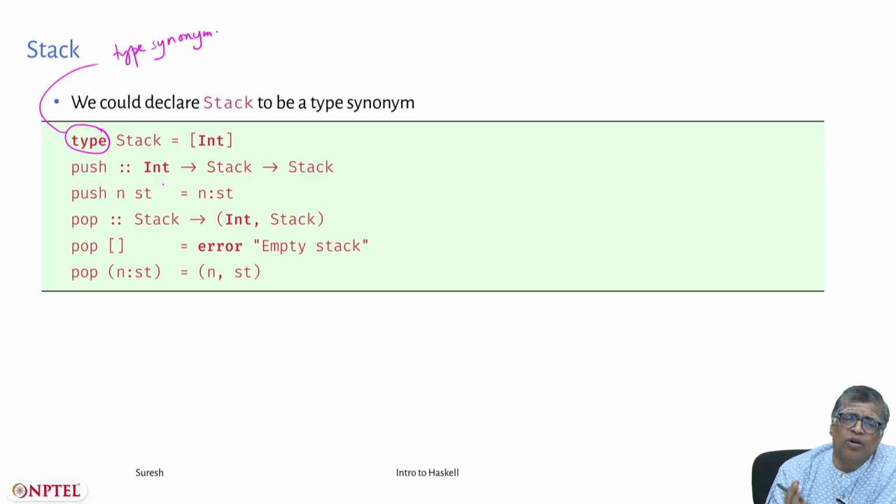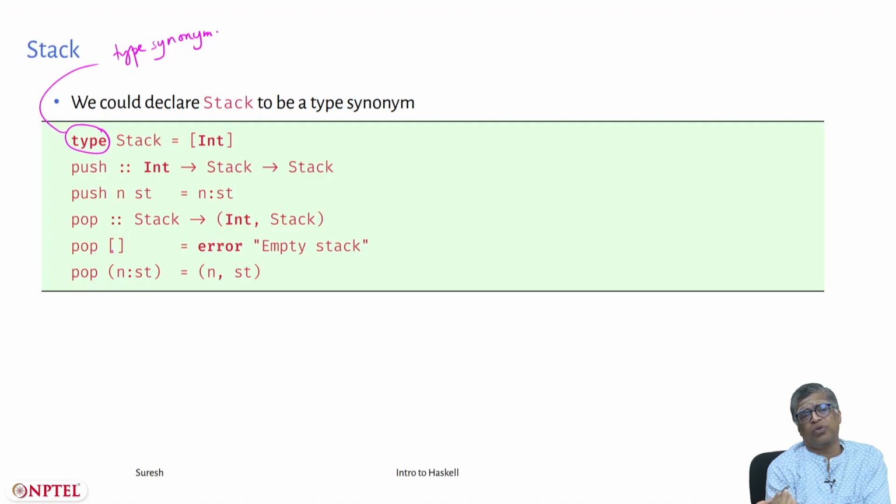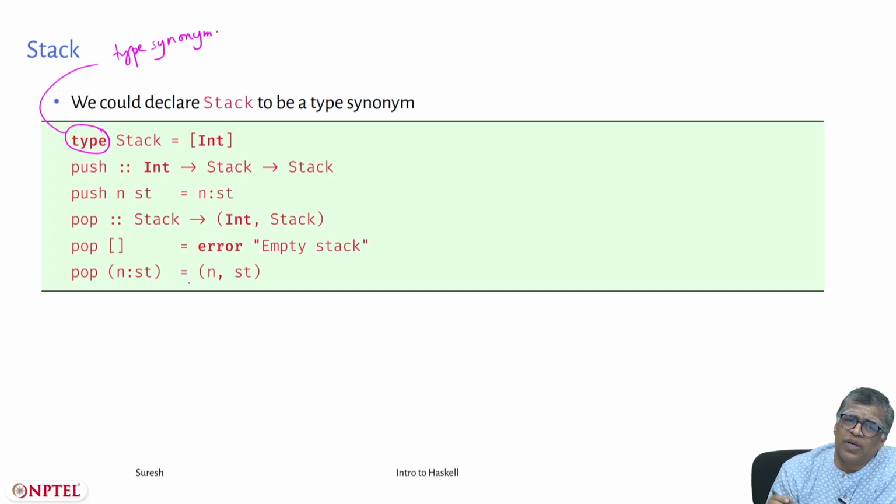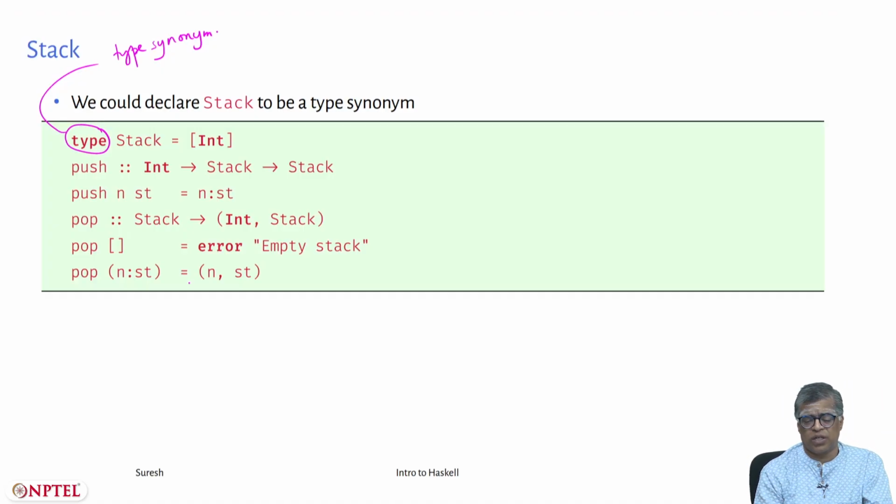I said top of the stack is just head of the list, so push of n st is just n colon st. Pop is the name for removing an element from the stack. If you want to pop an empty stack, you cannot, so you give an error. And if you want to pop a stack n colon st, you pattern match, you just split n and st, right? So this is how you would very simply implement a stack.